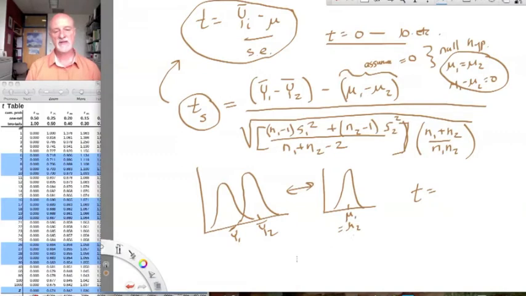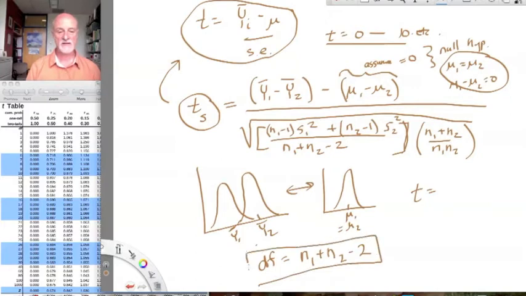By the way, it's very important that we know the degrees of freedom associated with this. When we have two samples, we could have unequal sample sizes, and so the degrees of freedom is n1 plus n2 minus 2.